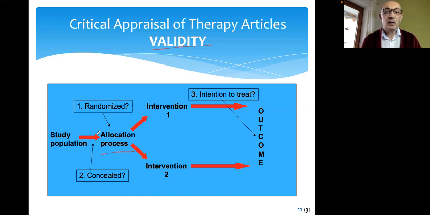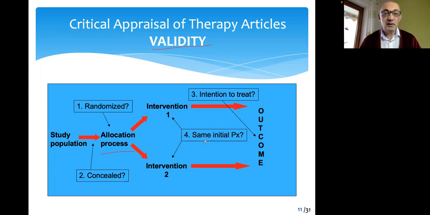Then the outcome. How was the analysis made? Did we apply an intention to treat or not? I will comment on that later, intention to treat. And of course, if you have made a random allocation into the groups, then you should have fairly similar groups.